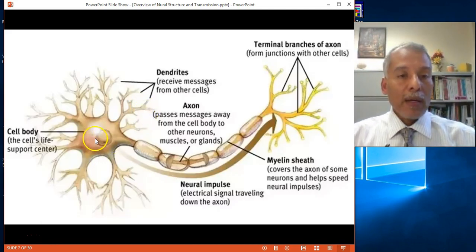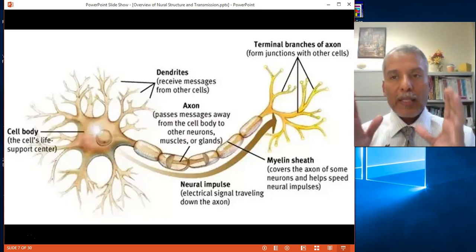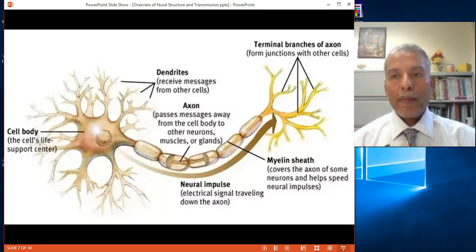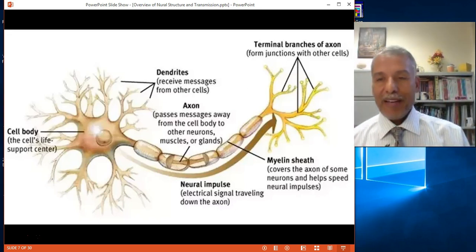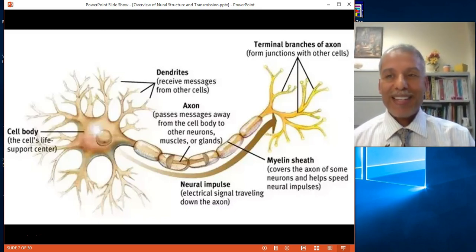So here we have the cell body, and the cell body contains the most important parts of the neuron. The most important part of any cell is the nucleus. You know why? If you thought because it houses the DNA, then you are right.